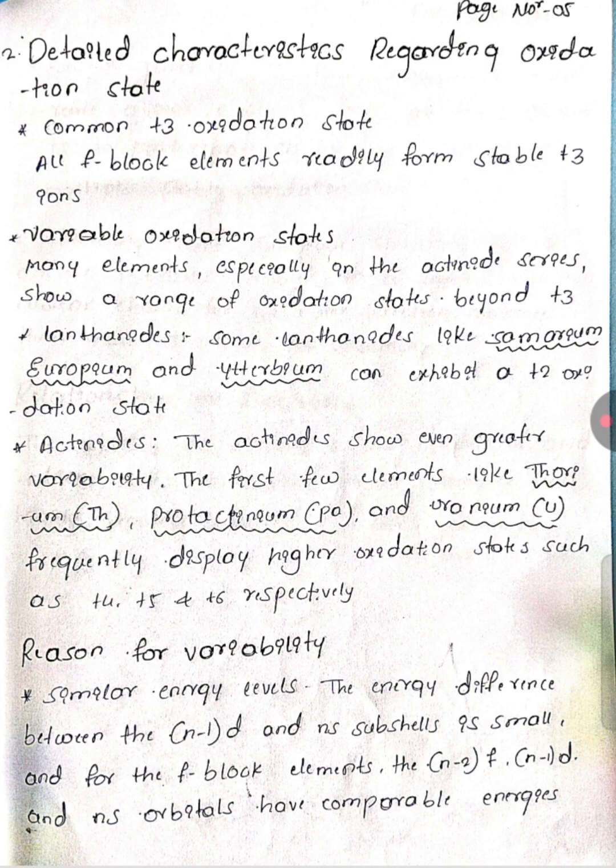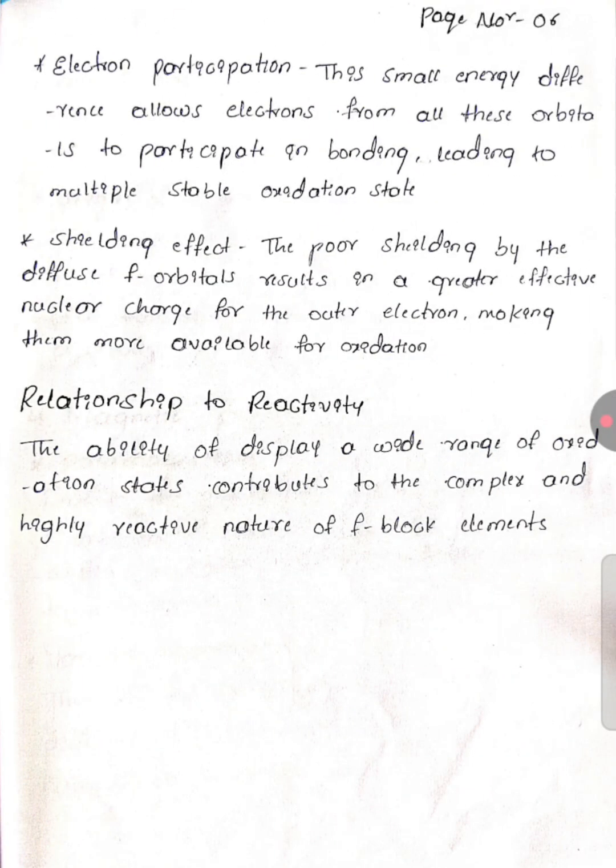Reason for variability. Similar energy levels: the energy difference between the (n-1)d and ns subshell is small, and for the f block elements, the (n-2)f, (n-1)d and ns orbitals have comparable energies. Electron participation: this small energy difference allows the electrons from all these orbitals to participate in bonding, leading to multiple stable oxidation states.